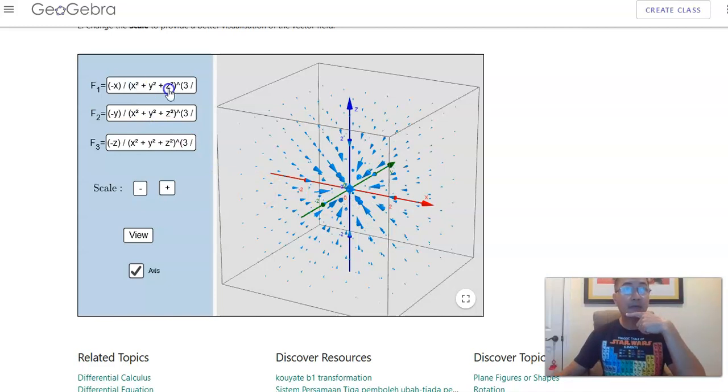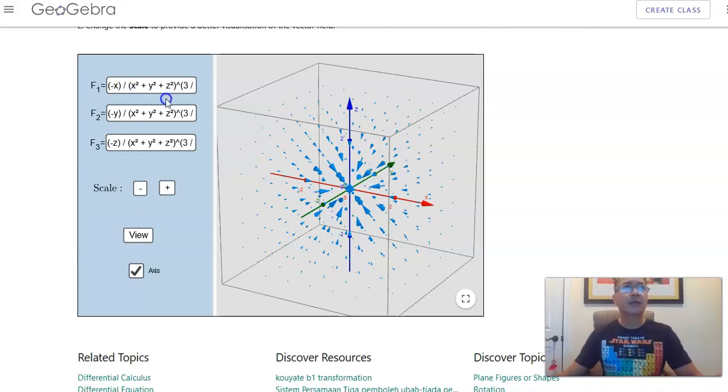And that's because, of course, x squared plus y squared plus z squared represents the square of a distance. We've seen this in spherical coordinates, for example. That's your rho squared. So rho squared to the 3/2, ooh, that's actually rho cubed. So you have negative x over rho cubed.